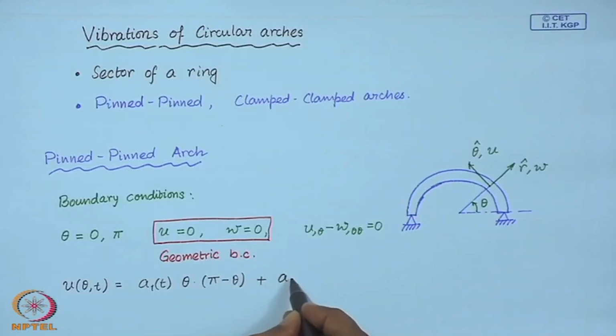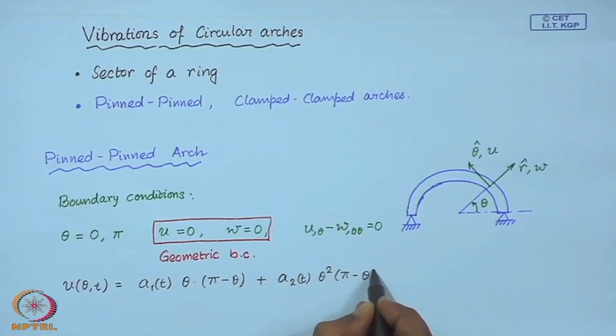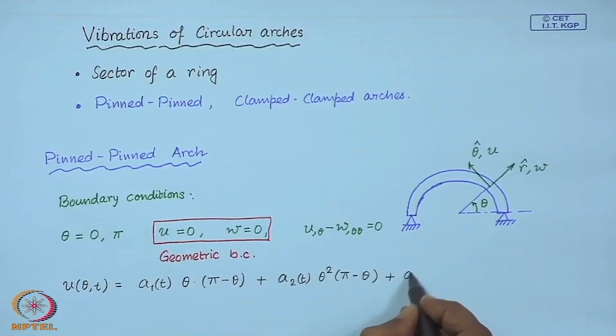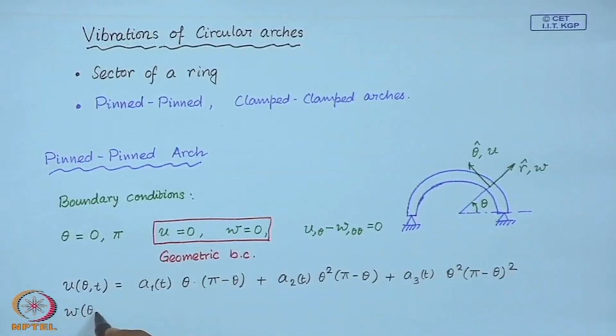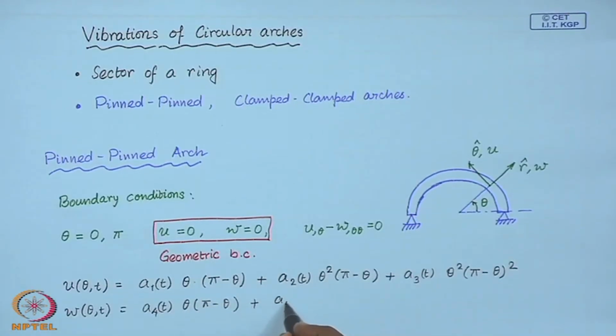So, I can now construct a 3 term expansion for u, and similarly a 3 term expansion for w using the same admissible functions.